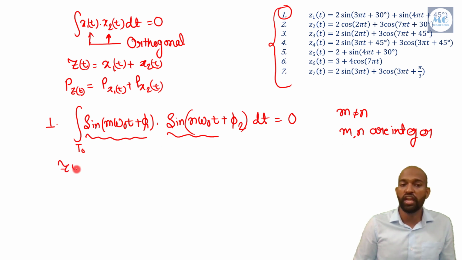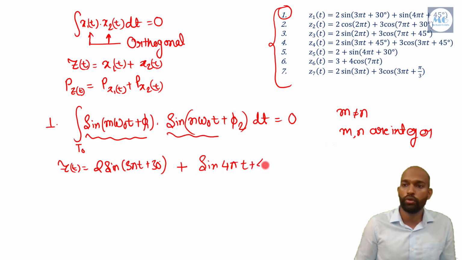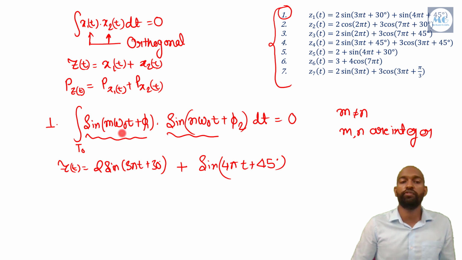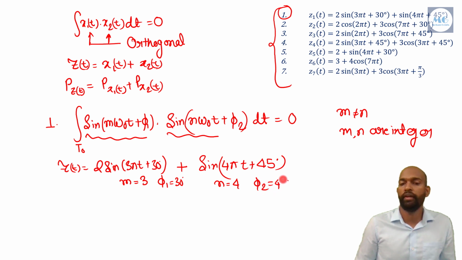Our first question is z(t) is equal to 2 sin(3 pi t plus 30 degrees) plus sin(4 pi t plus 45 degrees). We can compare these with sin(m omega naught t plus phi 1). In place of m here it is 3 and phi 1 is 30 degrees, and in place of n it is 4 and phi 2 is 45 degrees.